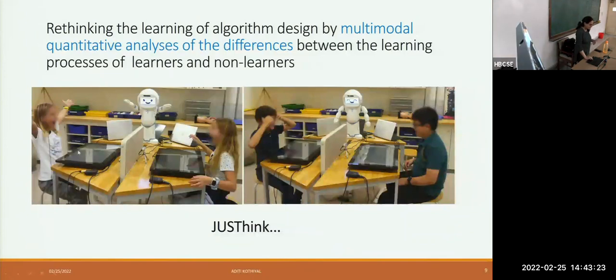These are the two children working on their respective screens with a barrier, and they're collaborating, right? So we redesigned the learning of this concept by doing multimodal quantitative analysis of the differences between the learning processes of those who learned and those who did not learn within this learning environment.